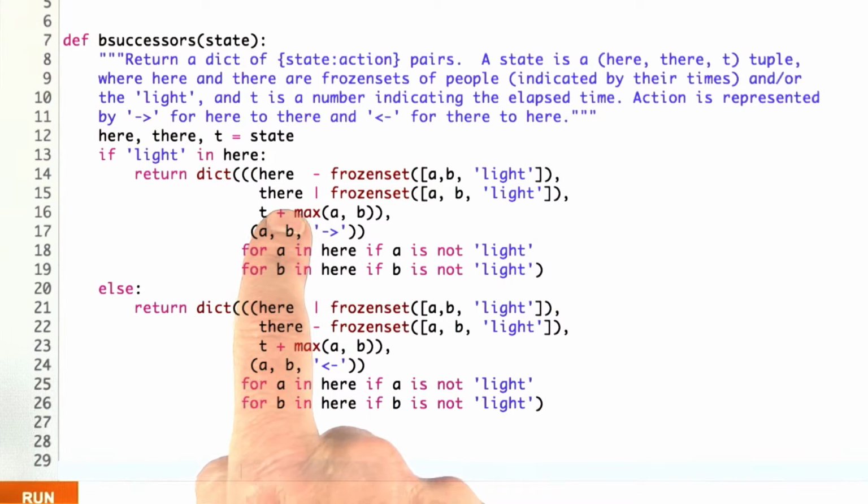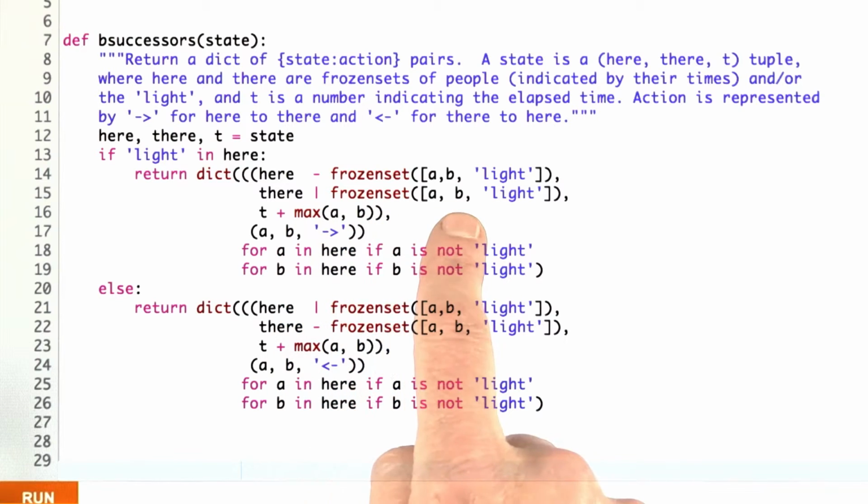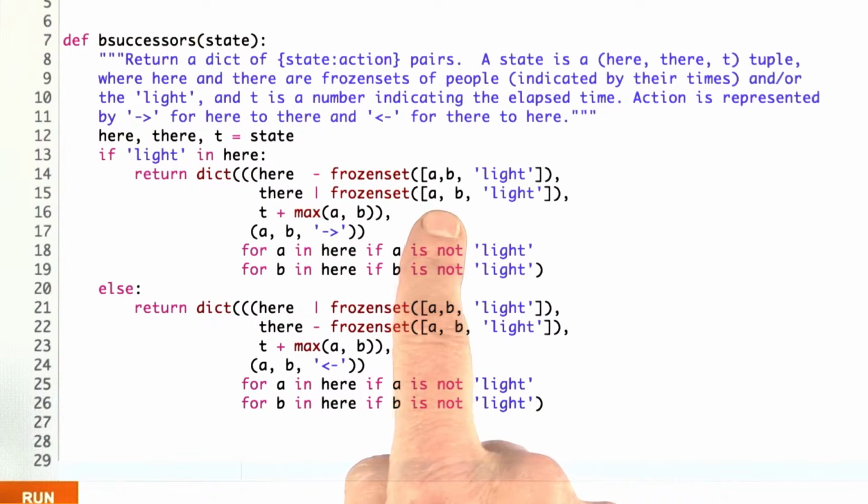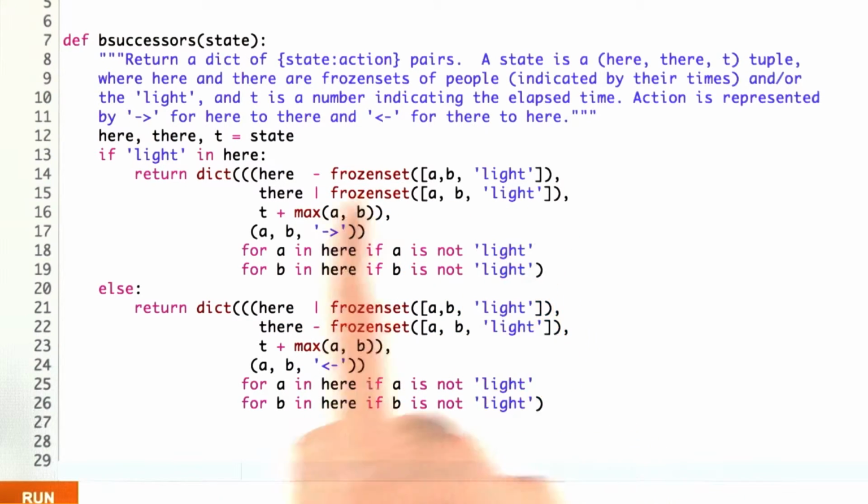And the second part of the successor state is everything that was already over on the other side, unioned with the things that are coming over, which are people A and B and the light. And then the time is the time plus the maximum time that it took for A and B to get over.